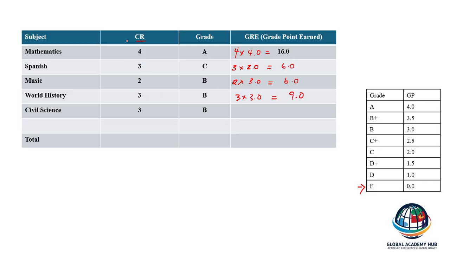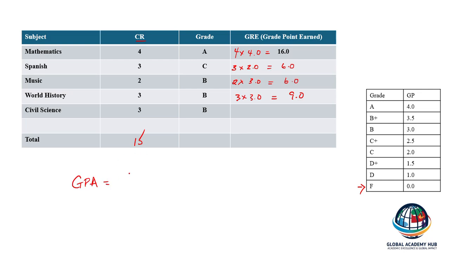Now, how many credit hours did the student take for that semester or term? We come here and we add this up. 4 and 3 is 7, and 2 is 9, and 3 is 12, and 3 is 15. So now how do we calculate the grade point average?